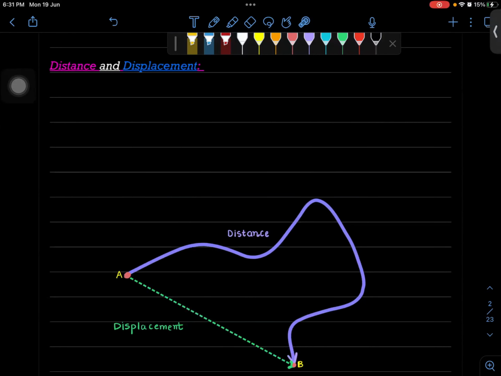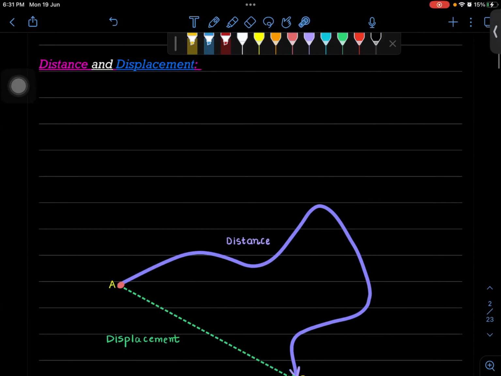We have another example of scalars and vectors. हमारे पास जो distance है, it is a scalar. Or displacement is a vector.